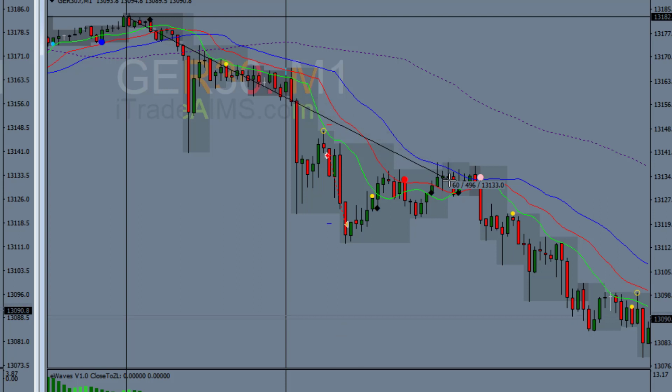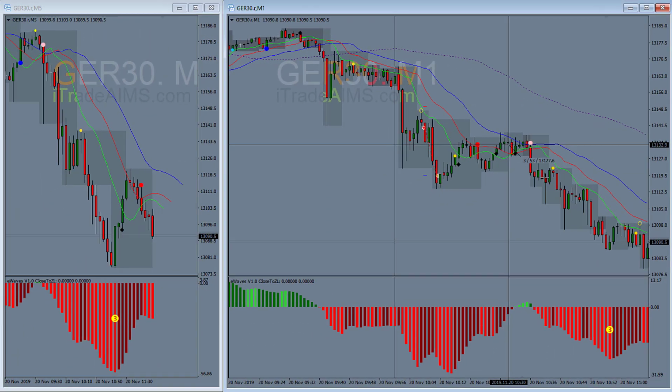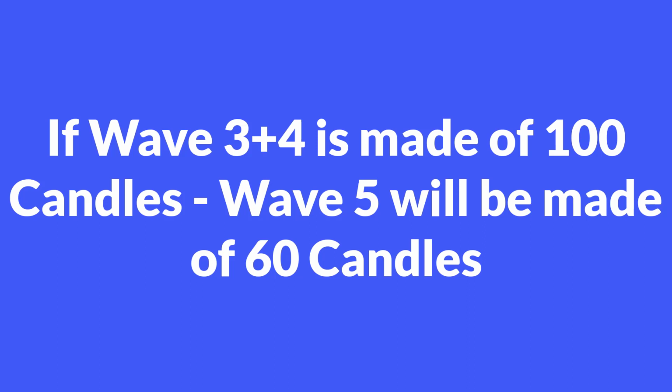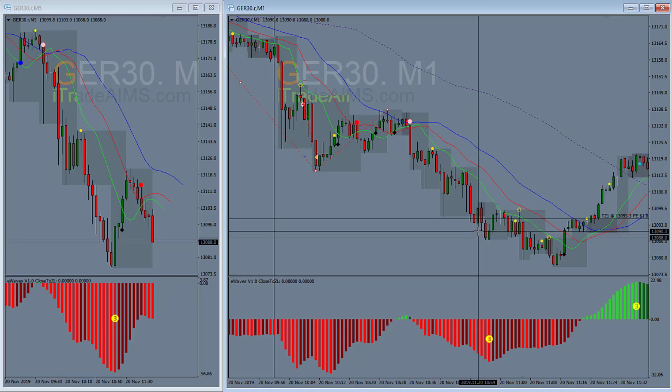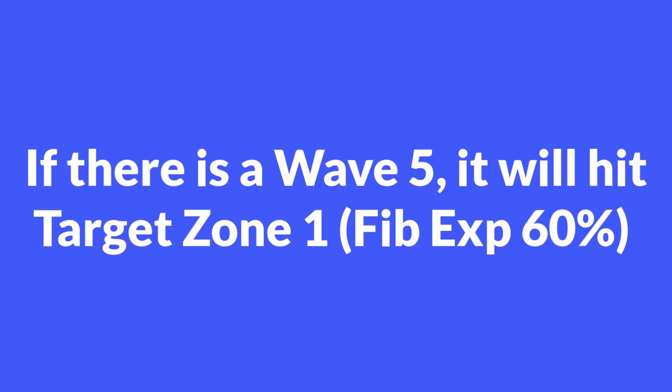So if that is 60 candles, wave 5 will be around 40 to 60 candles. And there you go. Price has hit target zone 1. 8 out of 10 times, wave 5 will hit target zone or hit and enter the target zone. And that's where it will end.